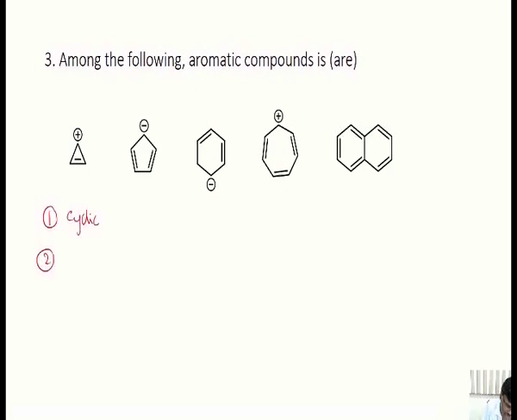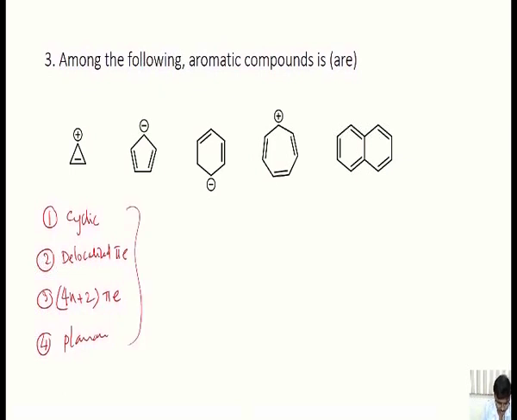You should have delocalized pi electrons. You should have 4n plus 2 pi electrons, and it should be planar.